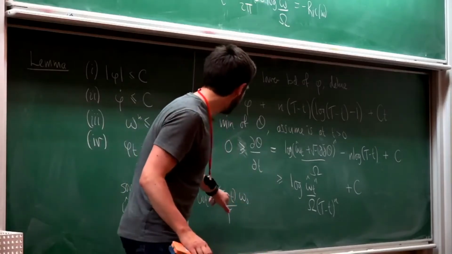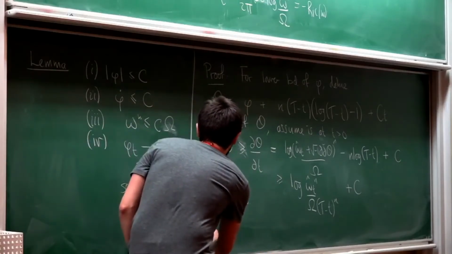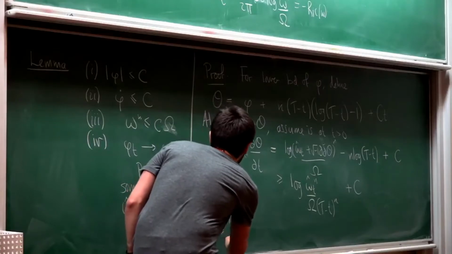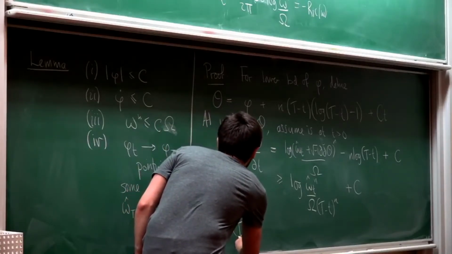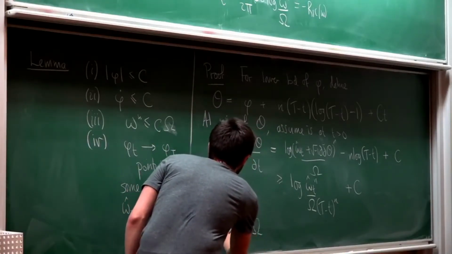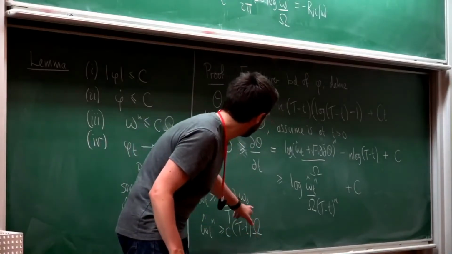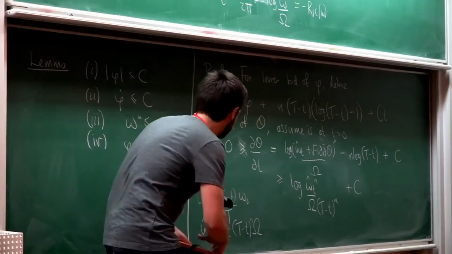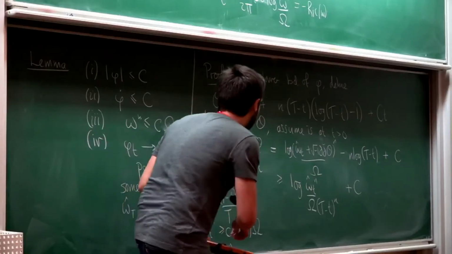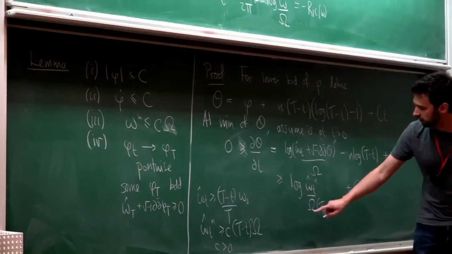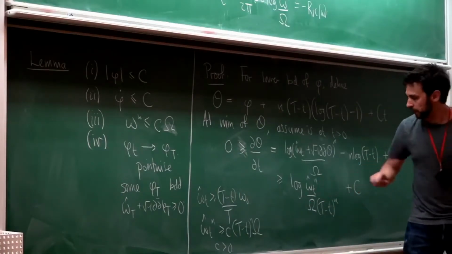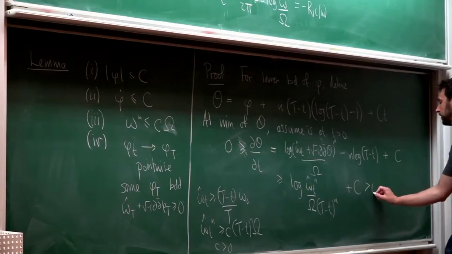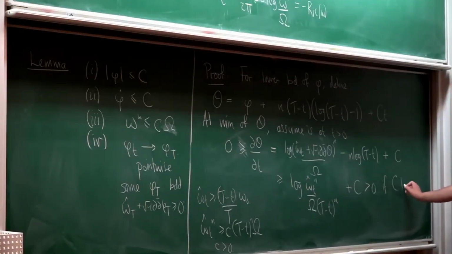So its nth power, omega hat t to the n, is bigger than t minus t to the n times capital omega times some c, where capital omega is equivalent to omega naught to the n. It's just some fixed volume form. I put a c there where c is positive. The point is this doesn't go to 0. This is bounded below, and so this is strictly positive if c is large. Contradiction, because this was less than 0.